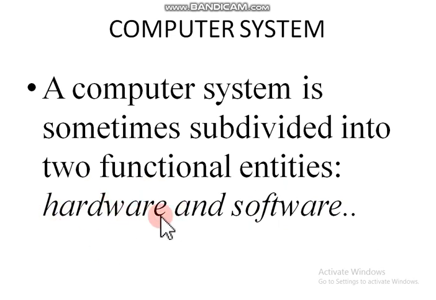You need the hardware to facilitate this software, and of course you need this software because it acts as an interface between the user and the machine. You are able to talk to your computer through software. Without this software you cannot interact with your machine, which makes them part of the computer system.